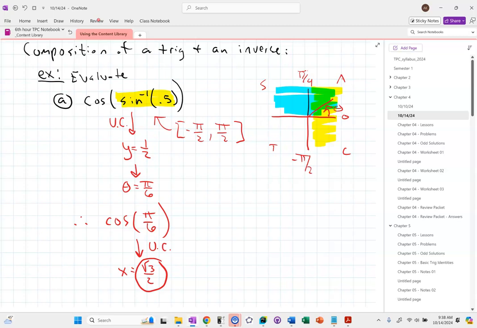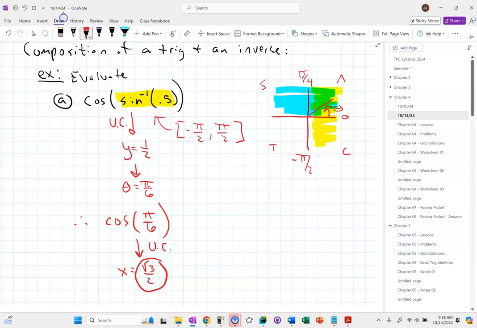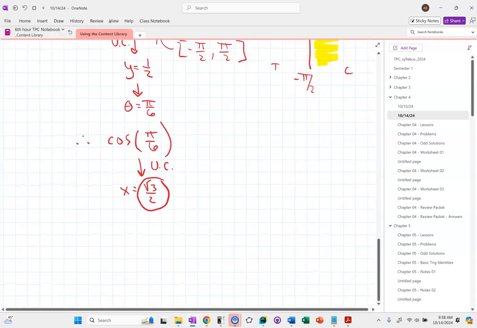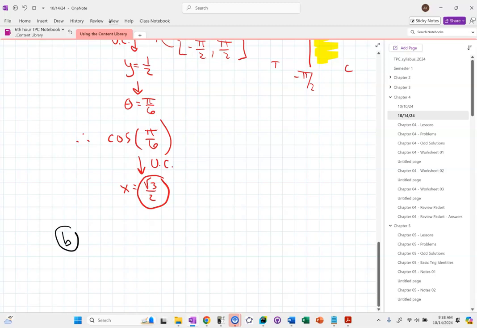Okay. On these kinds of problems, I'm always going to give you unit circle values to use. So it's about making sure we understand how to use our unit circle. Let's do one that's the other way around.